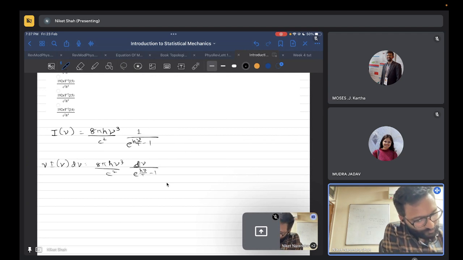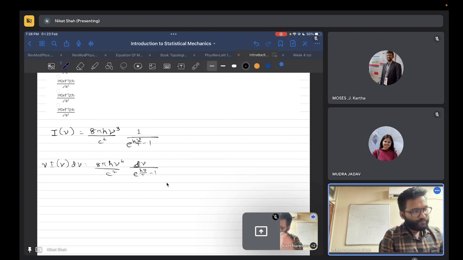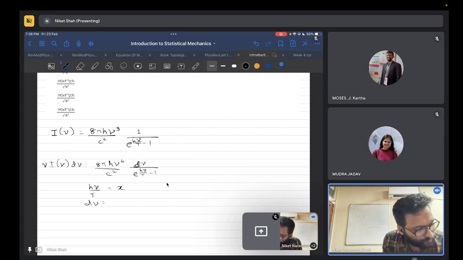Into nu, here there's one more nu, so we'll make this a fourth power now. Right? This is what we want to evaluate. So we'll take h nu by T equal to some x. So d nu is equal to T dx by h.